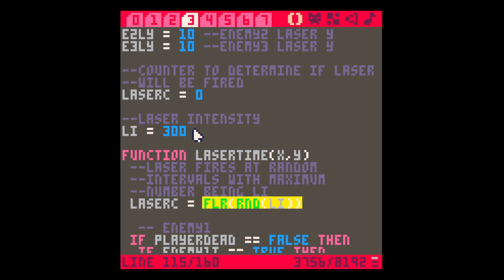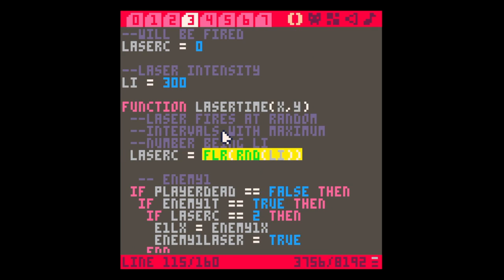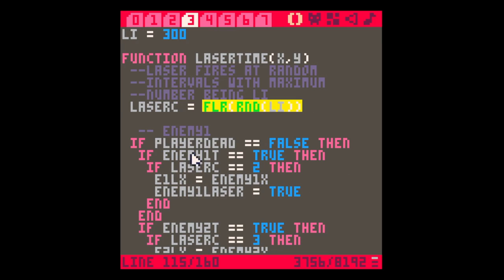So wave 2, it's 290. So essentially, you start off with a 3 in 300 chance or a 1 in 100 chance of an enemy firing every frame. As time goes on, it gets less and it gets less, which makes surviving theoretically more difficult, even though it really shouldn't be that much more difficult.